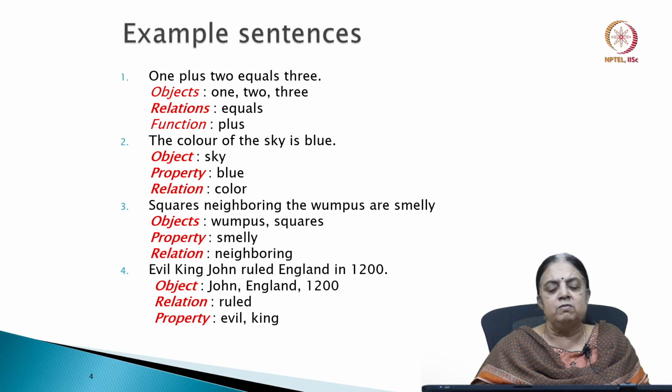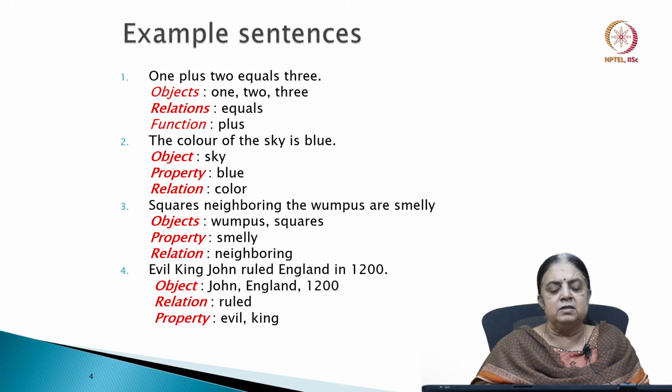Squares neighboring the wumpus are smelly. So what are the objects here? So wumpus and squares, and the property is smelly and the relationship is neighboring. Evil King John ruled England in 1200 AD, say. So the objects here are John, England, 1200 AD, etc. And the relationship is ruled.